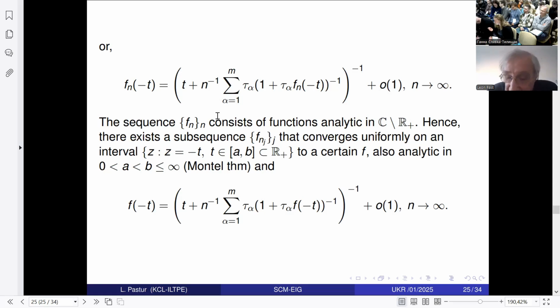That means you can take a subsequence of measures and use the continuity of the Stieltjes transform, and you see that if there is a subsequence of measures converging, there will be a subsequence of their Stieltjes transforms that converges.